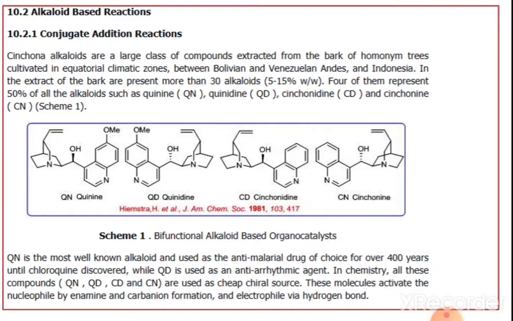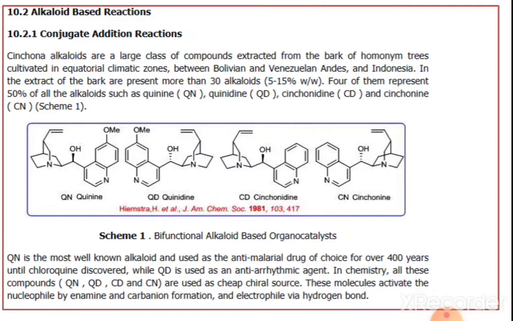Now QN, that means quinine, is the most well-known alkaloid and it was used as an anti-malarial drug for over 400 years until chloroquine was discovered, while QD, that is quinidine, is used as an anti-arrhythmic agent.